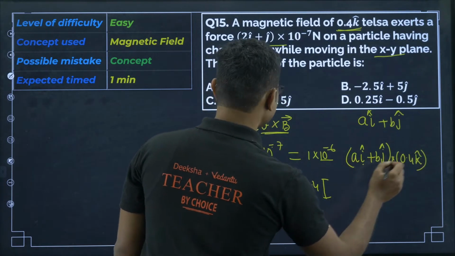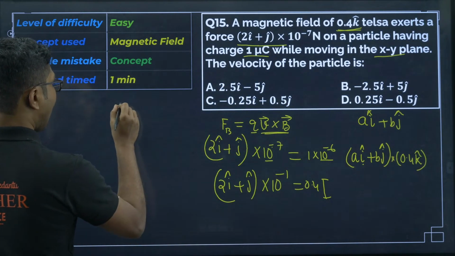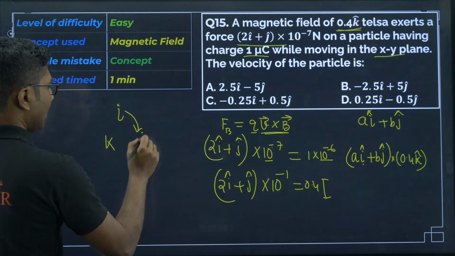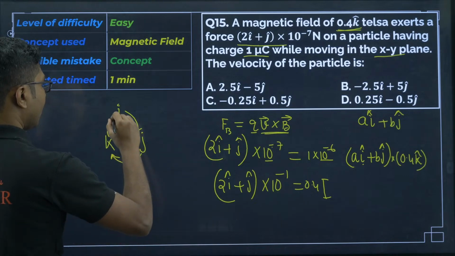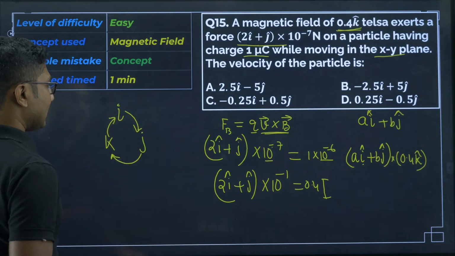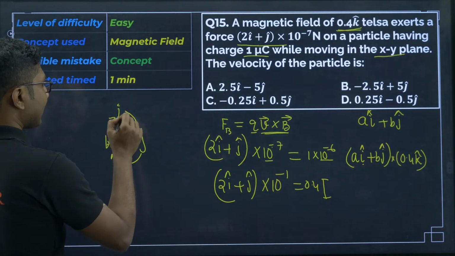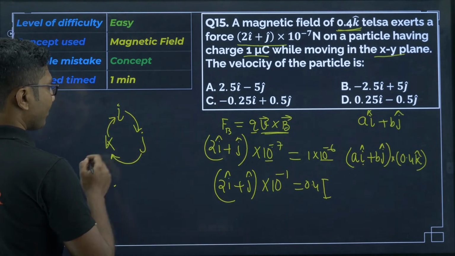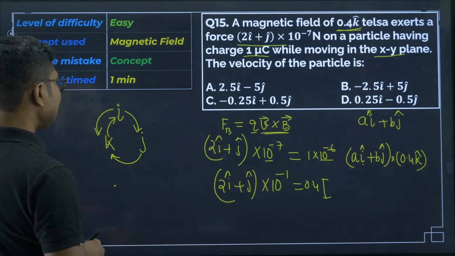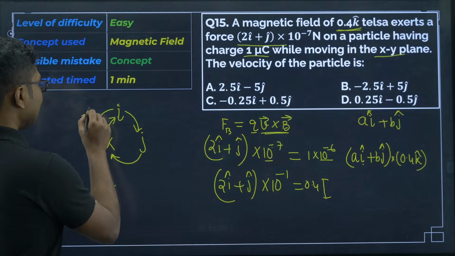What is i cross k? How to remember i, j, k? This is the order that you should remember. If it is anything other than this direction, it will be minus. So k cross i is plus j, but we are doing i cross k, which will definitely be minus j.